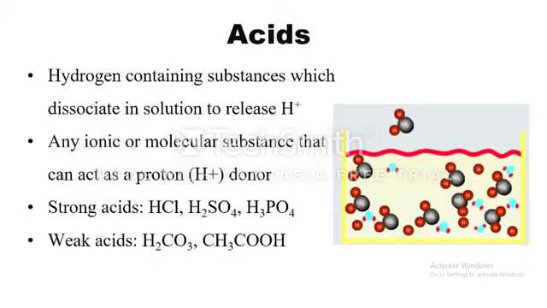There are two different types of acid depending on their strength. Strong acids, hydrochloric acid, sulfuric acid, and phosphoric acid, are examples of strong acids. They easily donate their protons in solution, while weak acids like carbonic acid or acetic acid do not easily donate their protons to solution.